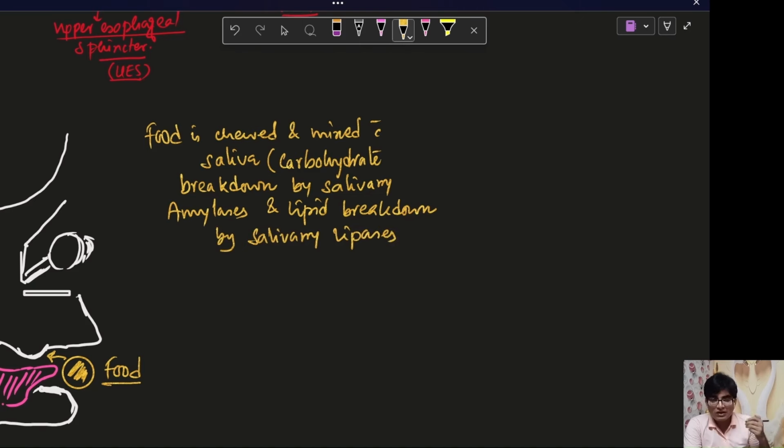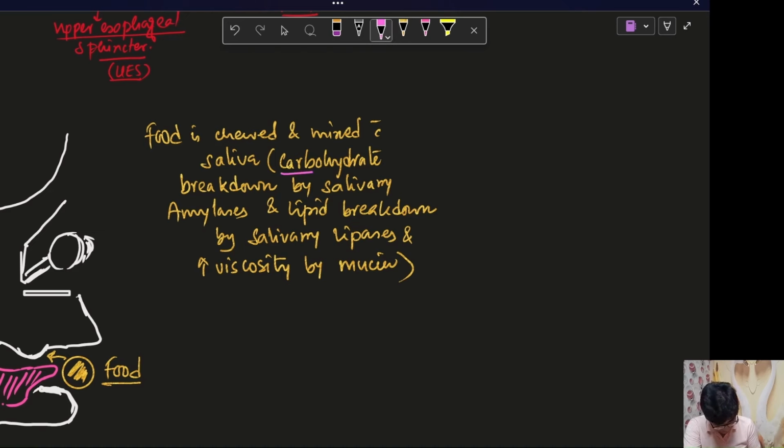So the salivary amylases degrade the carbohydrates. Lipases degrade the lipids, the fats in the food particle, and there is also an increase in viscosity by mucin in saliva.